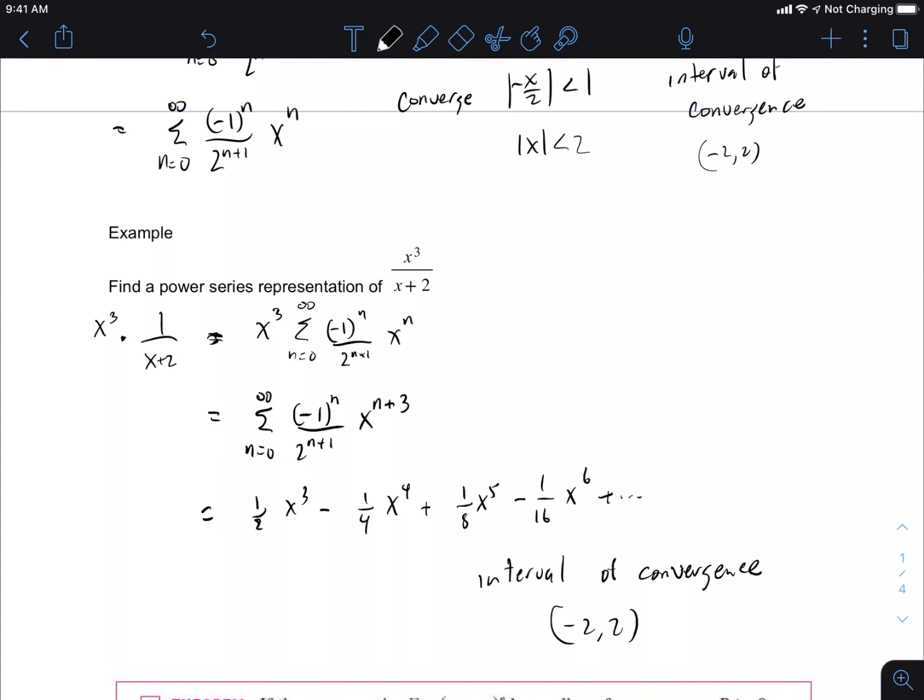So you can see in this example, by being able to see that I could go 1 over x plus 2, I could generate this power and then bring that in and see that we can generate what the power series is. But not only that, we could even find the interval of convergence because we already knew one.